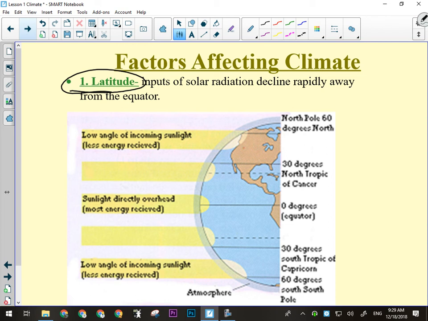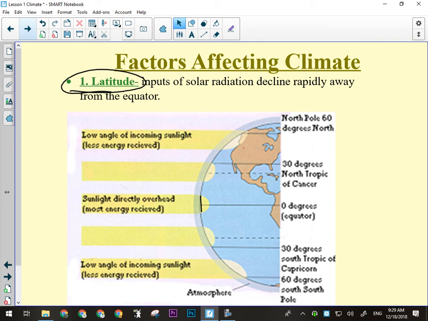Depending on where you are on Earth, the sun strikes that part of the Earth differently because the Earth is curved. So all of these yellow bars represent equal amounts of solar energy. At the equator, this amount of solar energy strikes an area this big.